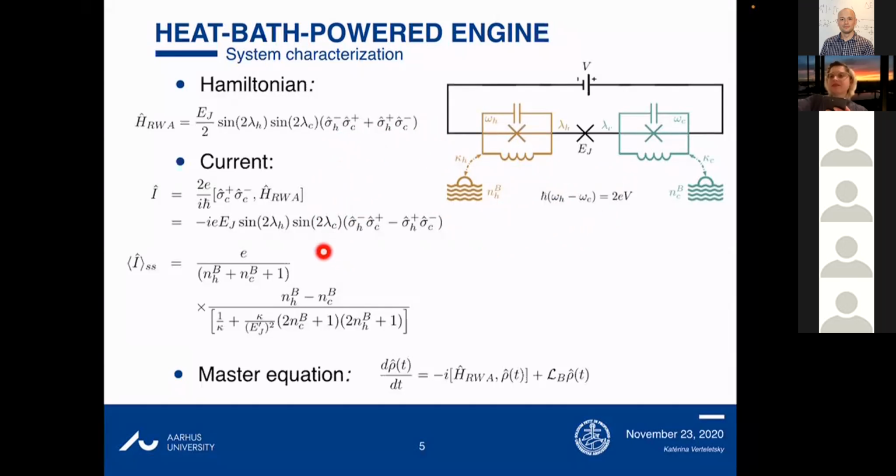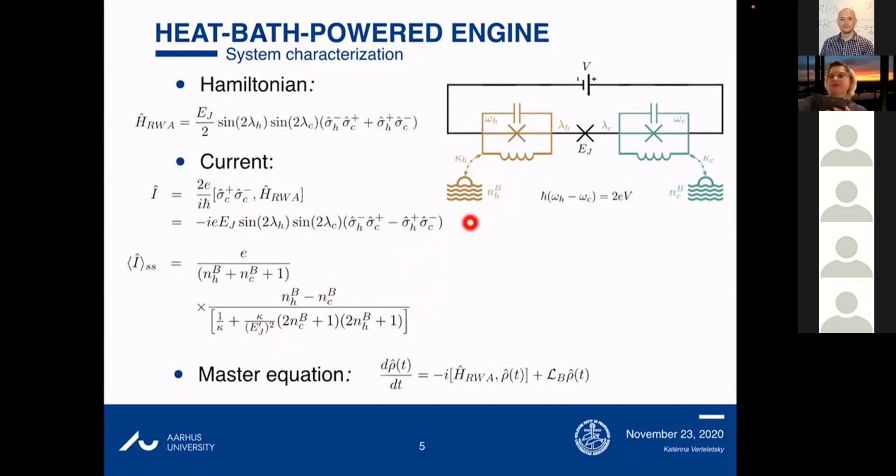If we restrict ourselves to the case where the coupling constants to the bath are equal, which we did to have simpler and more compact analytical expressions, we can directly derive the average value of the steady state current as a function of the occupation of the bath. And here EJ prime is just EJ times the coupling constants to the junction.